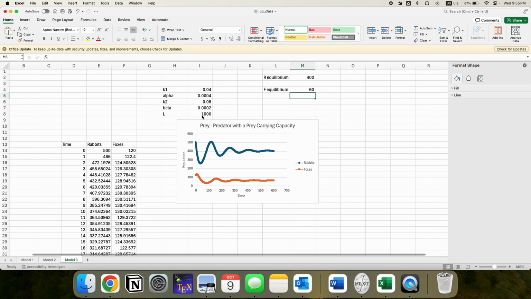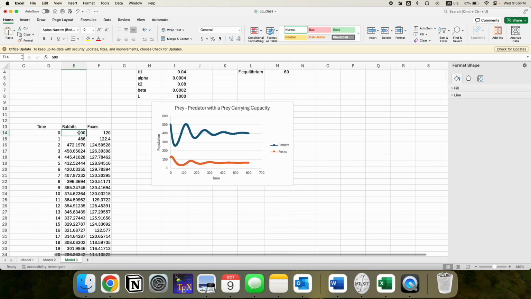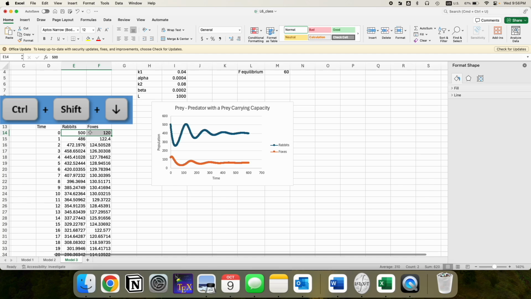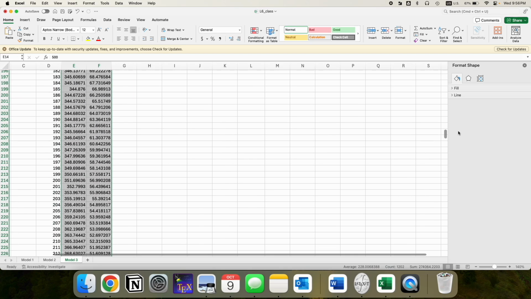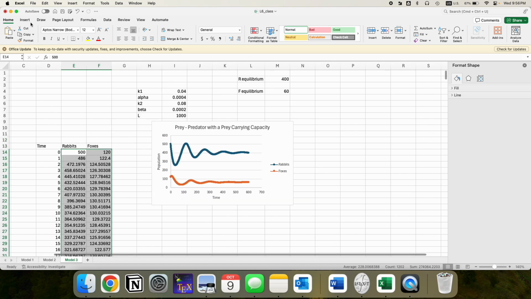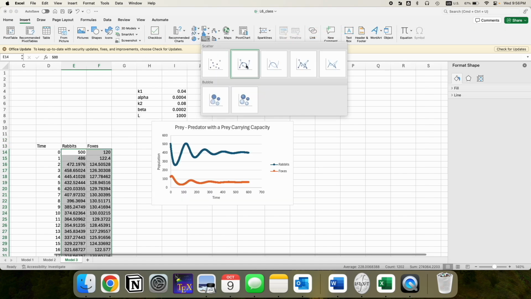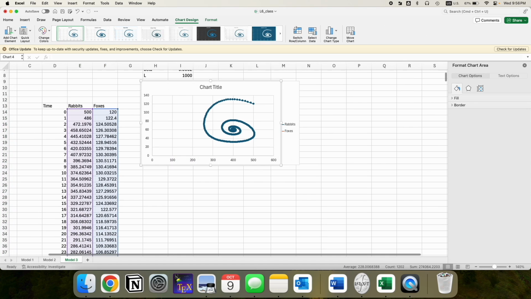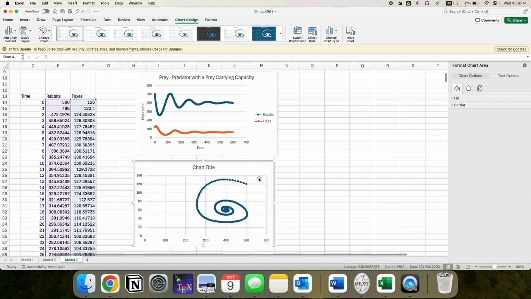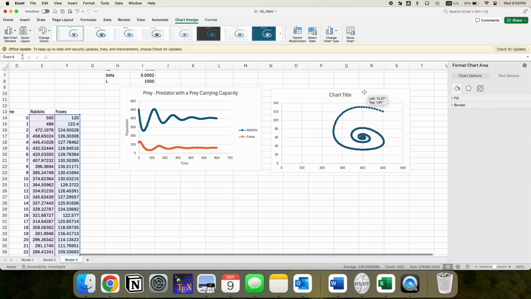Okay, so now let's visualize the interaction between the rabbit population and fox population only, without time period. To choose the values, I'm going to choose these 2 columns, starting from the first row of these 2 columns, using the combination of Shift, Control, and the down arrow button. And then again, you scroll up here, insert, scatter plot. Let me place the picture over here.